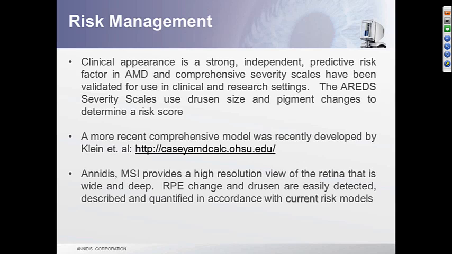And I'm providing the web link there, and I'll go through that risk tool as we go through the cases. And just another reminder that you really do get a high resolution view of the retina wide and deep, not to sound like a commercial, but RPE change and drusen are certainly easily detected, and knowing that those are the two important features in predicting risk for patients in clinic is important.